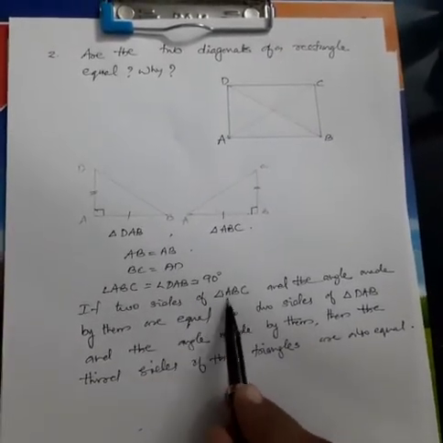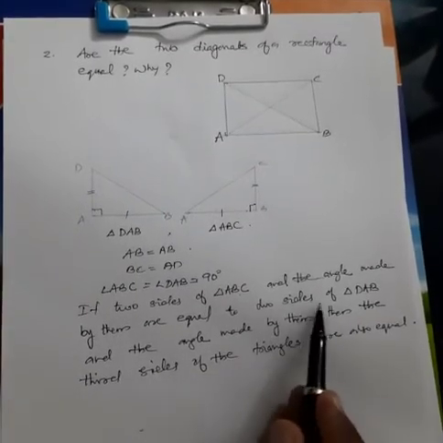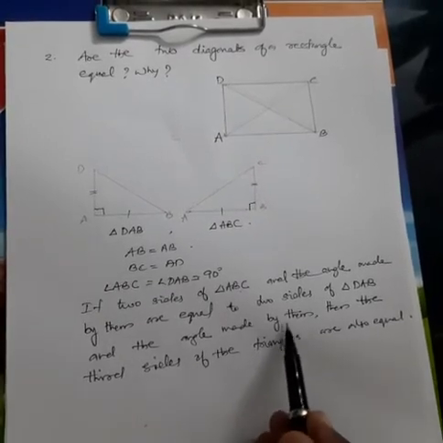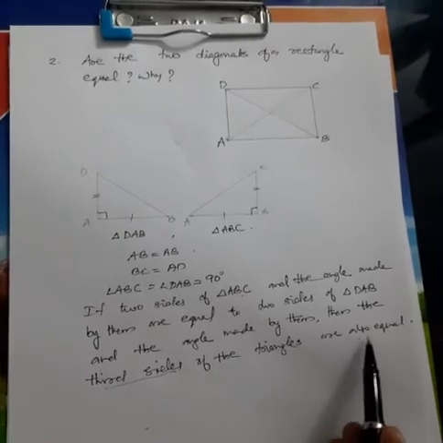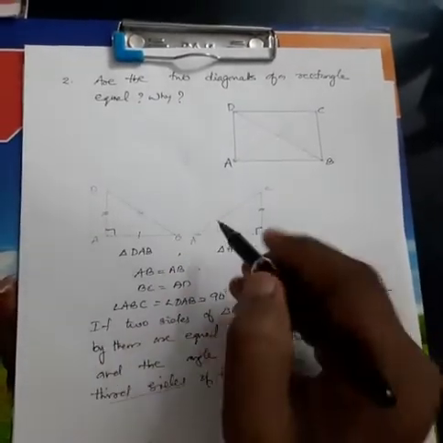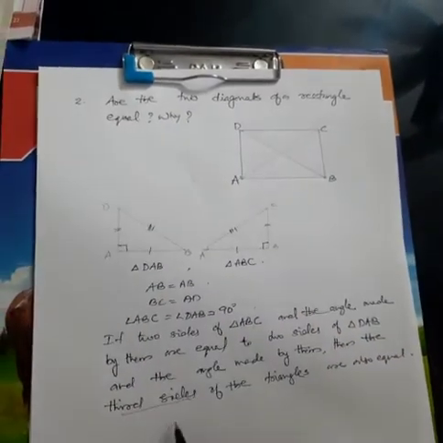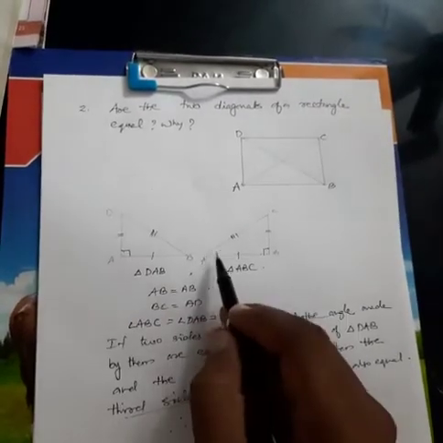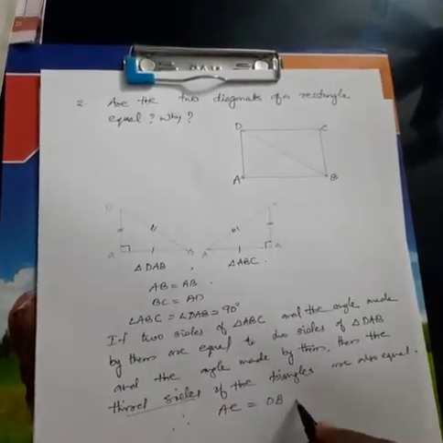If two sides of triangle ABC and the angle made by them are equal to two sides of triangle DAB and the angle made by them, then the third sides of the triangles are also equal. Which is the third side of this triangle? Here. The third side of this one is here. So therefore you can write AC is equal to DB or BD.